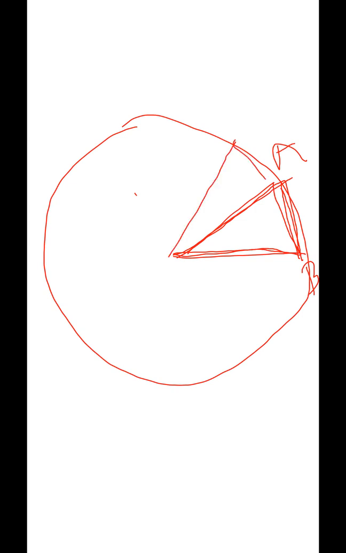Once the circle is made and the triangle is drawn, join these two points, this point, this point, and this point. Join them, and let's say you name them AB. So this will make a triangle. For the next triangle, again join these points, like this.